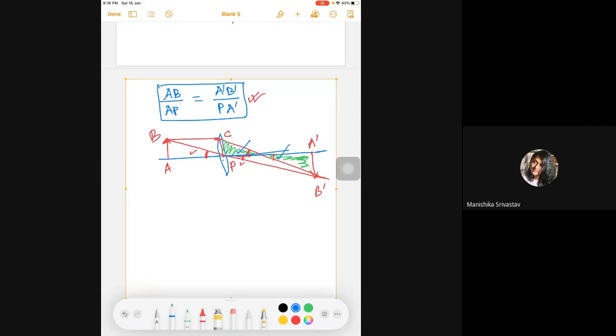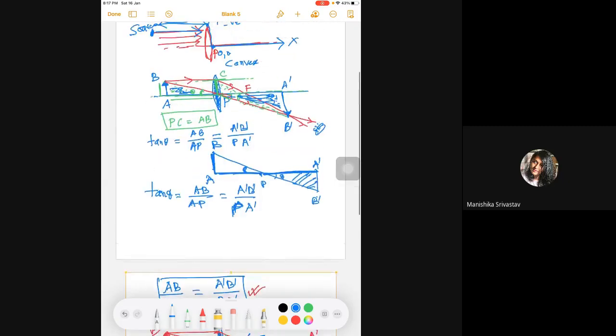So same way you can put here again. Let's say this angle is alpha. The tan alpha will be again this perpendicular and this base, PC by PF, and this is F, the focus from where this light ray is passing through, right? We have seen that this is the focus.